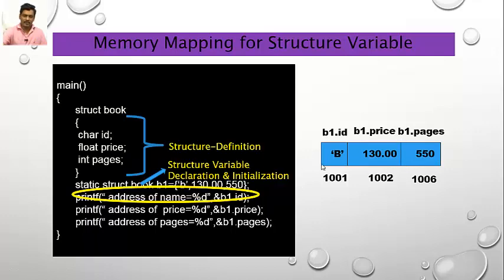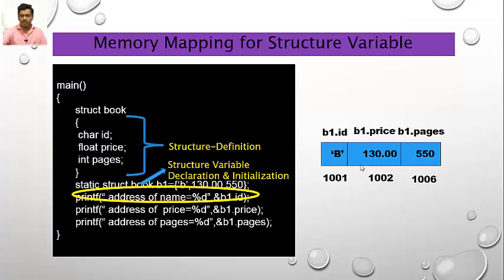The address of the structure variable starts with, for example, 1001. So the address of the first element is 1001. It is a character, so it occupies only 1 byte. The next location is b1.price. The address of b1.price is 1002 because only one byte is occupied by the character type.